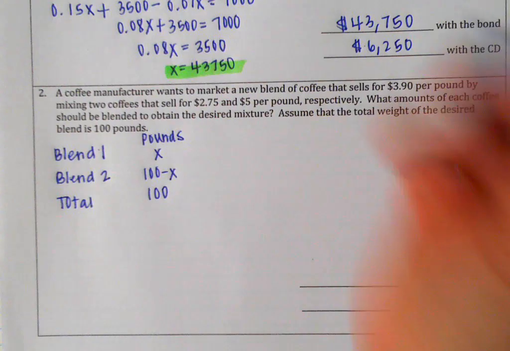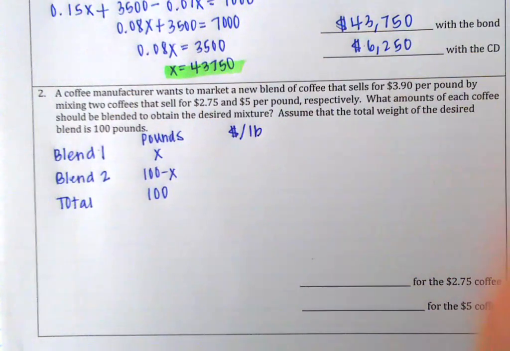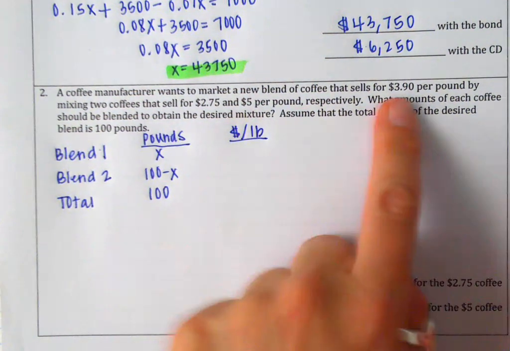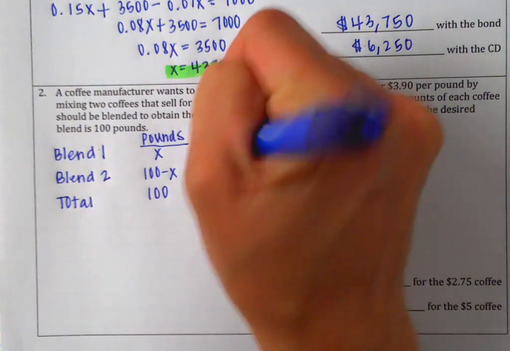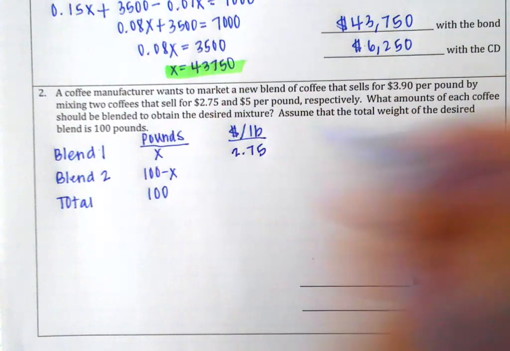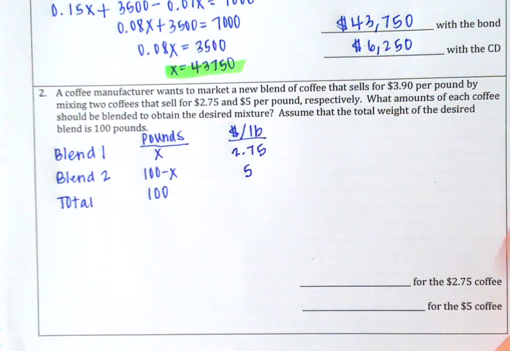Okay, so the next thing that's important to us is the dollar amount per pound. For blend 1, it says mixing 2 coffees, one that sells for $2.75, one that sells for $5.